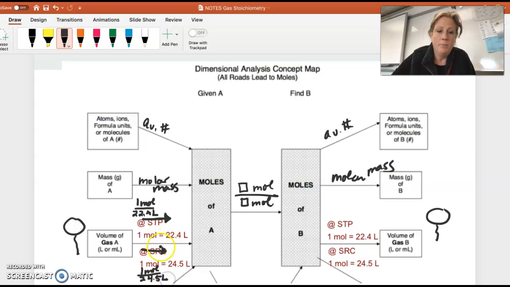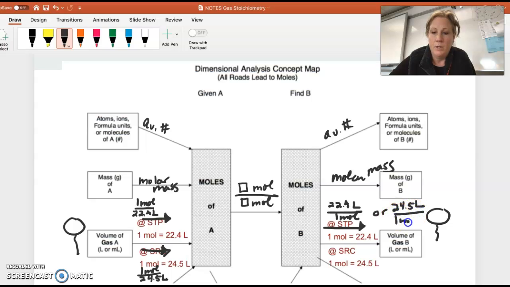So I would label your mole map. And then once you come over here to a new substance, you're going to have the volume on the top. So it would be either this or 24.5 liters per mole, depending on whether we're talking about SRC or STP.